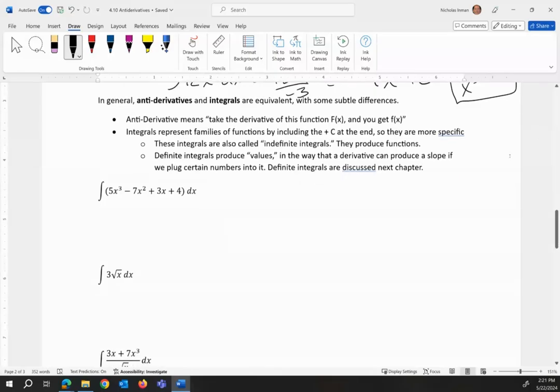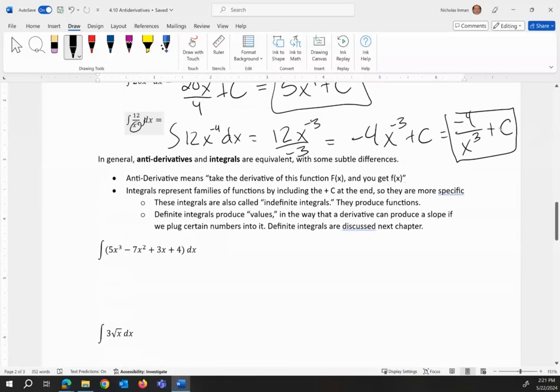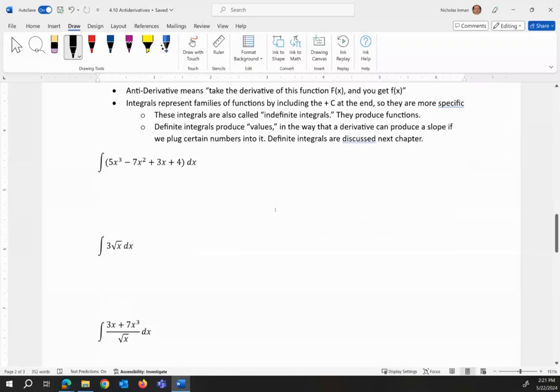Now, we do use that plus c as we learn more and more. That plus c can do what's called initial value problems, basically meaning if I know a little bit about the original function, the capital F, I might be able to figure out what that plus c should be. What number should it be?